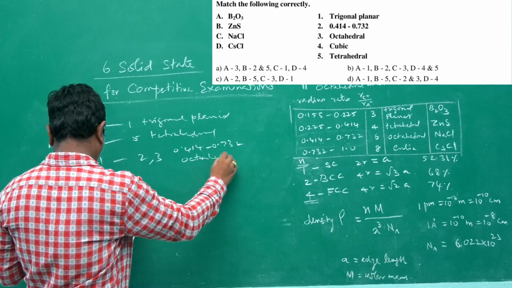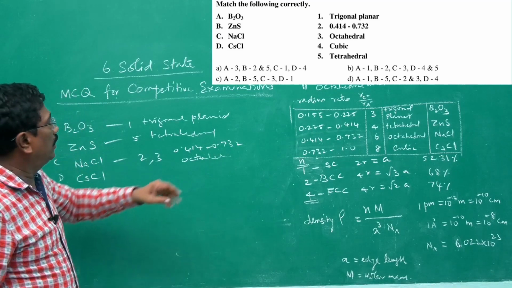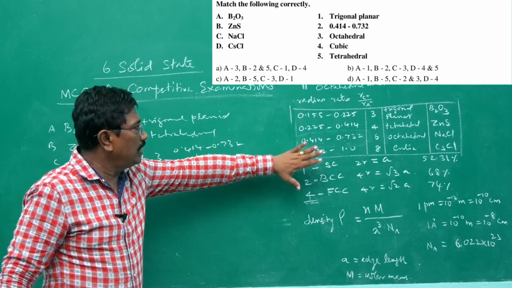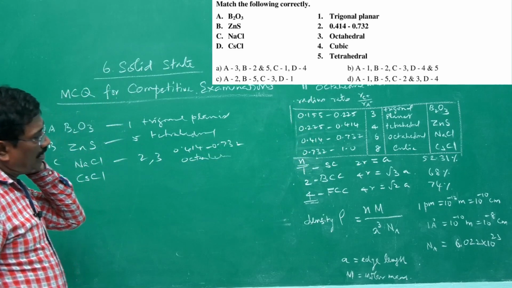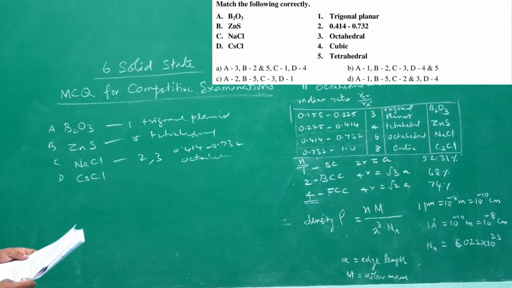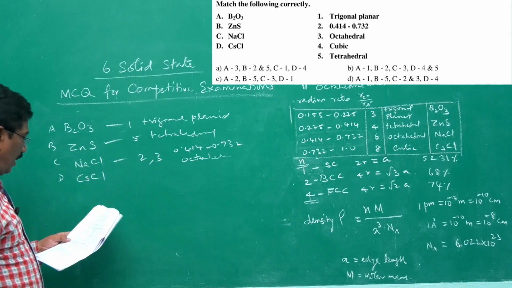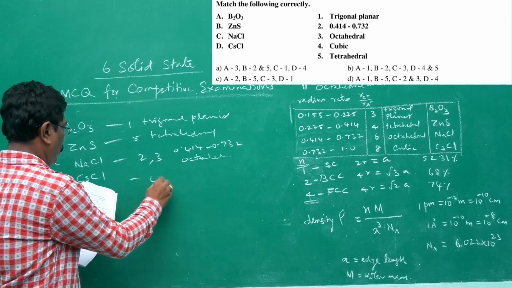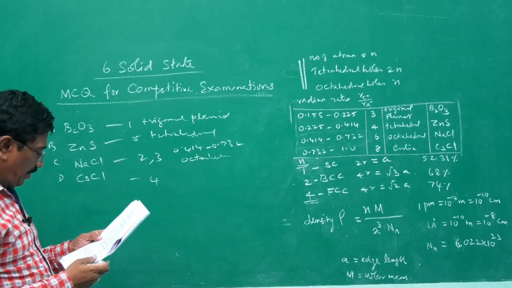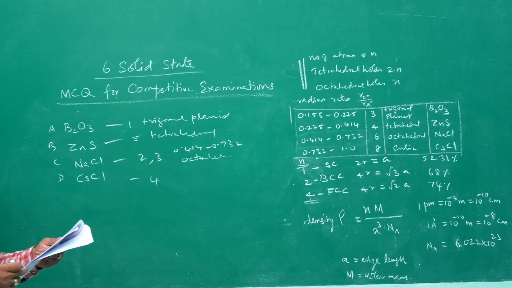So 2 and 3. In the previous class, I have discussed how we arrive at these values and how we can simply remember them. A trick, a shortcut method I have given for that. Then cesium chloride, it is cubic, 4. So 1, 5, 2 and 3, 4. Correct option D.